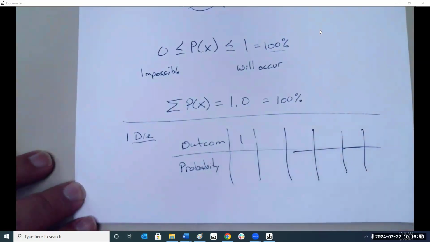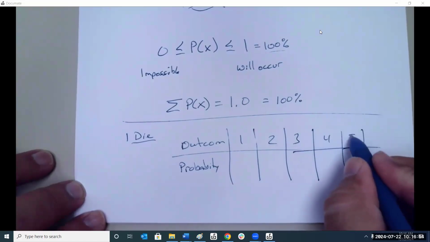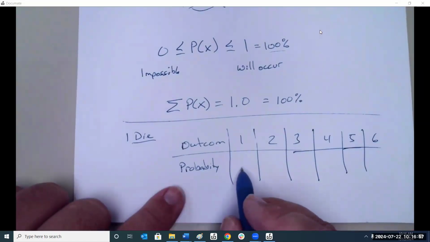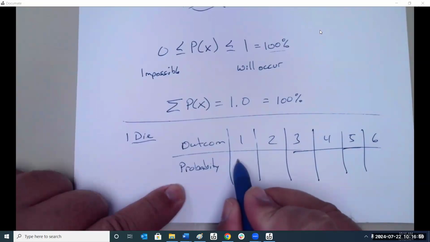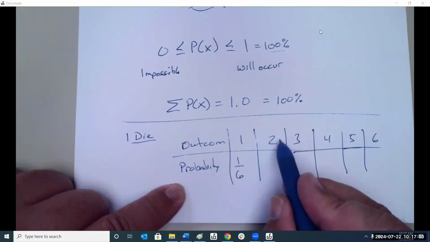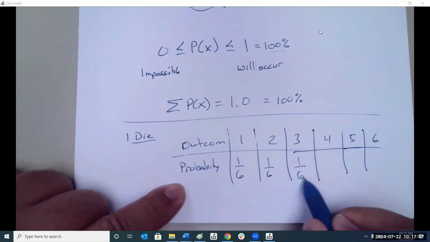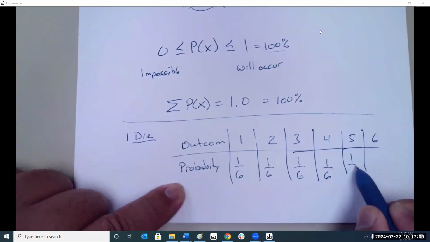I can roll a 1, 2, 3, 4, 5, 6. What's the probability of rolling a 1? 1 out of 6. Probability of rolling a 2? 1 out of 6. And the same for all of them, 1 out of 6.